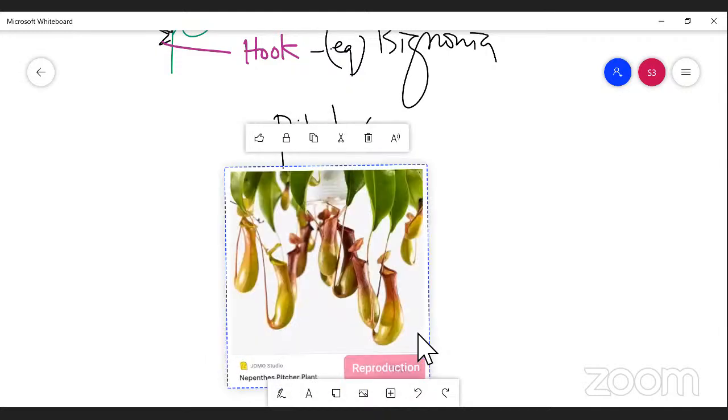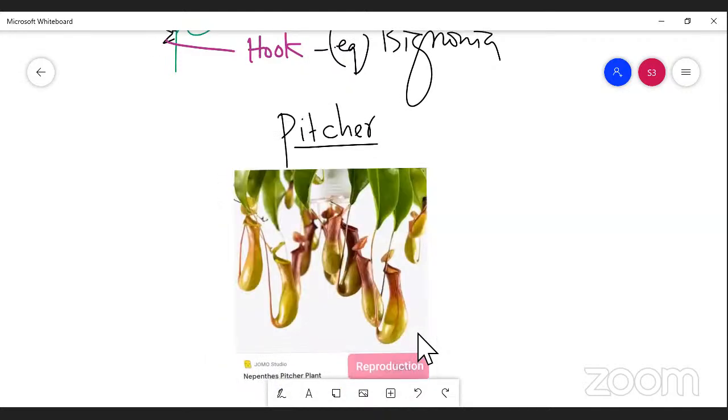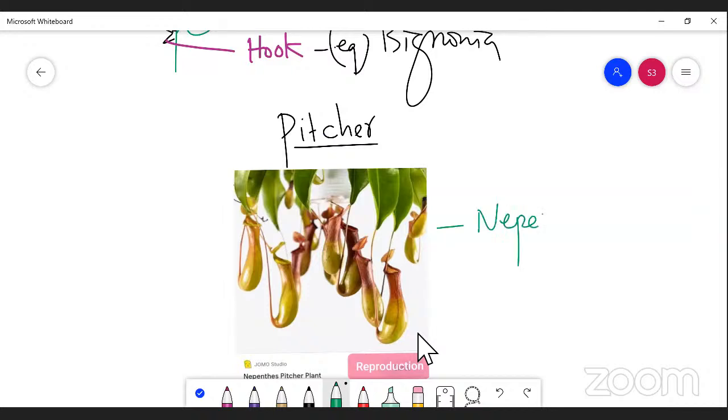For that, I am going to give an example: Nepenthes. Actually, a Nepenthes plant, right?